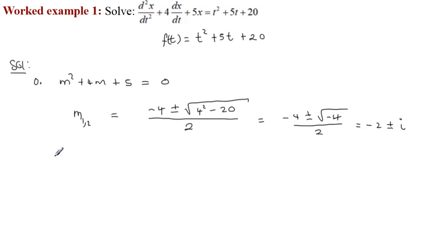Then we know that our characteristic solution here is going to be x_c as a function of t, given by e to the power minus 2t, where minus 2 is the real part, times the bracket, capital A cosine with an angular velocity equal to 1, which is the coefficient of i here, so 1t, that is t, plus B sine of t.